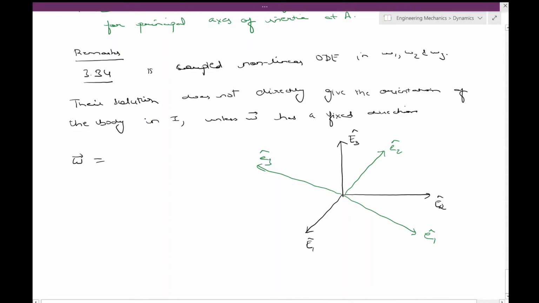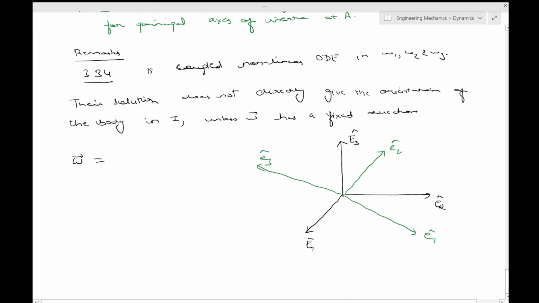Okay, now let me take another one, E3, E1 dash. Okay, this is also E1 double dash. Let me draw all these angles first, and then I'll explain what these are. Similarly, E2 dash and E3 dash.